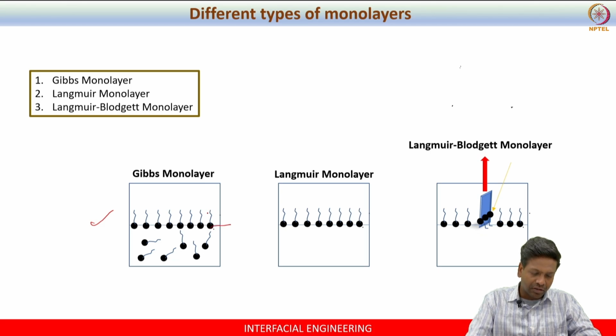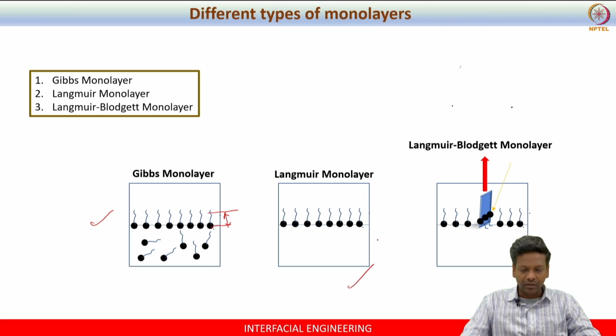When you measure the thickness from the bottom to the top, covering up to the tip of the tail, you will get the one molecule thickness. That is why we call it a monolayer.